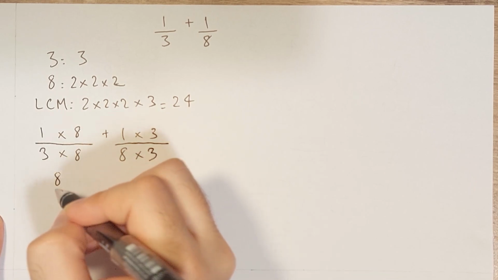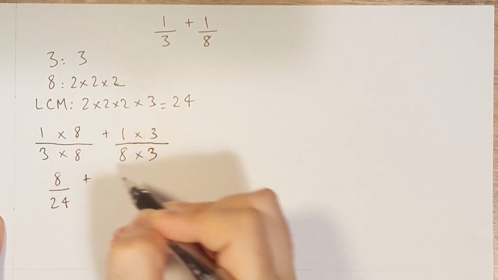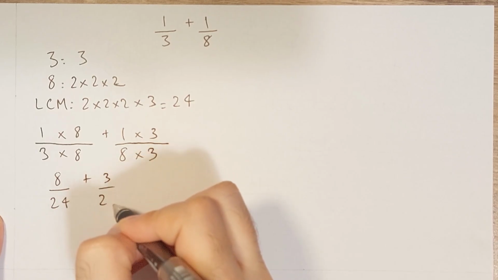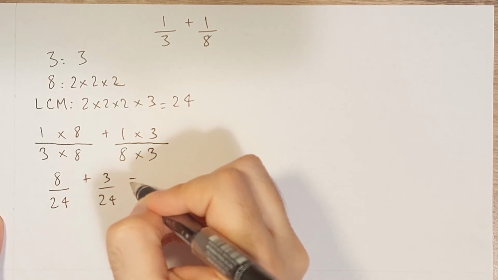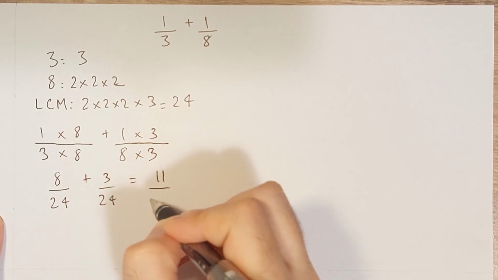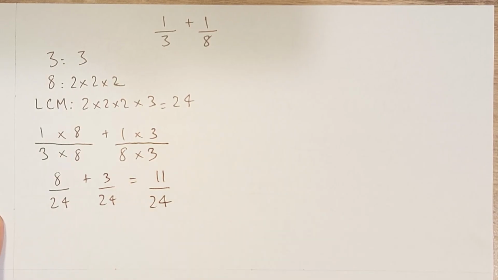So this gives us 8 by 24 plus 3 by 24. The denominators are the same, so we can write them once and we add the numerators. This gives us 11 by 24. We cannot simplify this any further. 11 is a prime number, and there is no number that we can use to divide both of these numbers. So this is our answer.